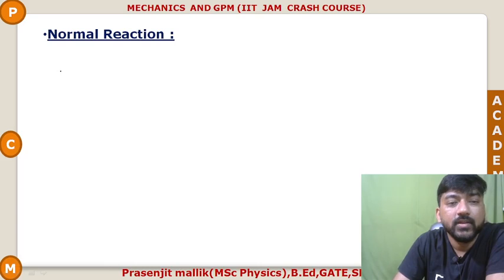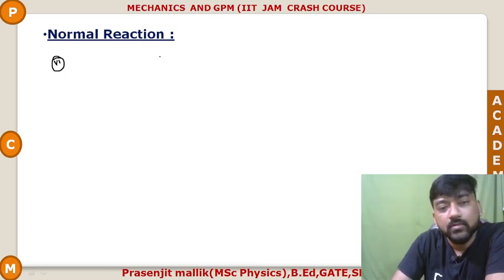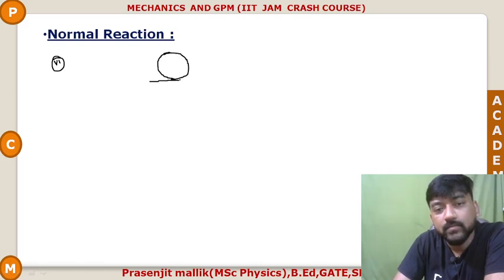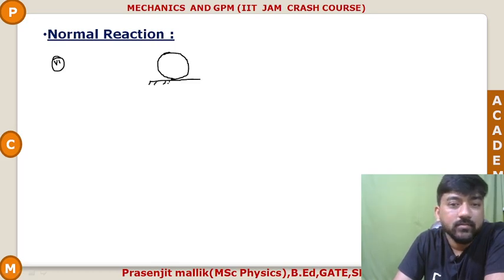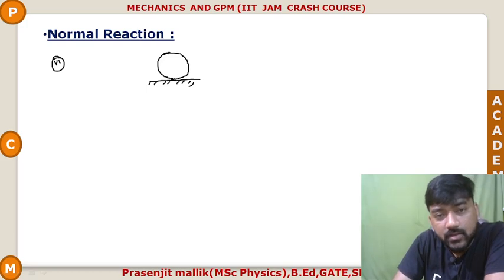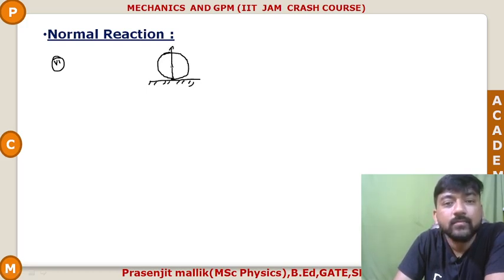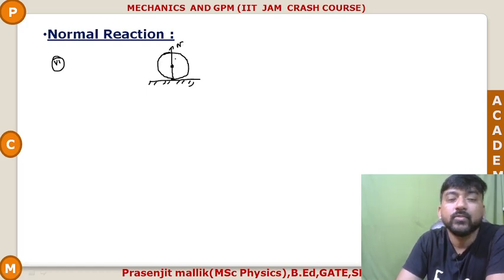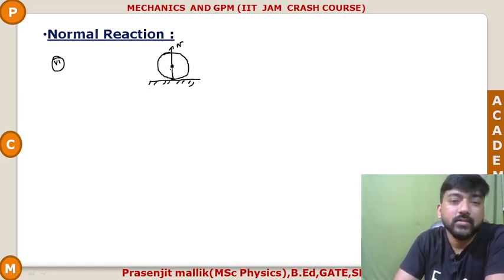Suppose you have a spherical object, and the normal direction will always pass through the center of this object. Suppose this is your contact surface, and the normal direction will always be perpendicular to this surface, and in that case it will pass through the center. Okay, so for a round shape object it will always pass through the center.